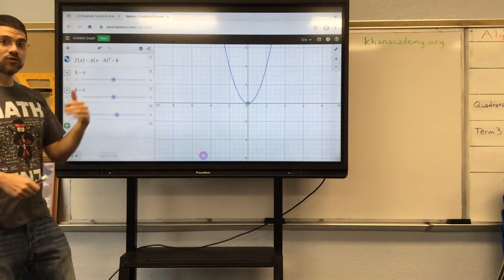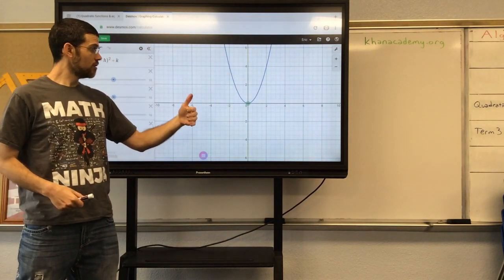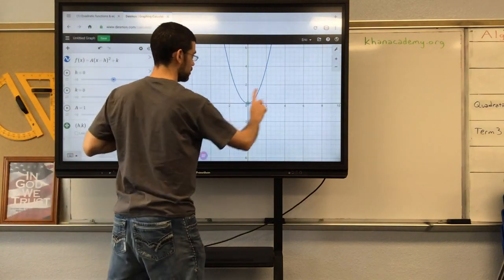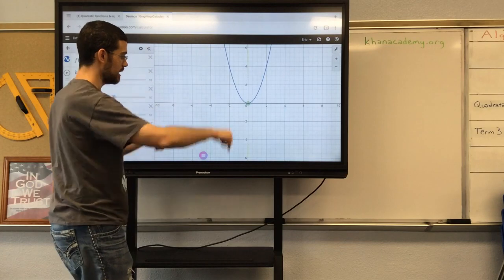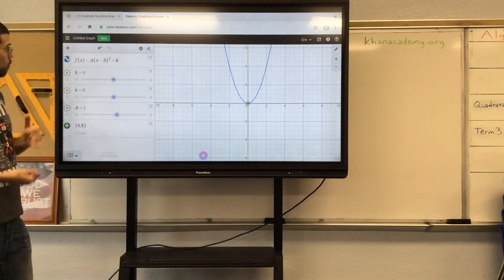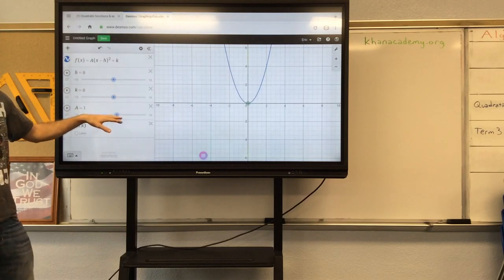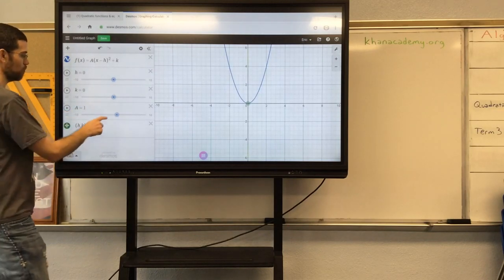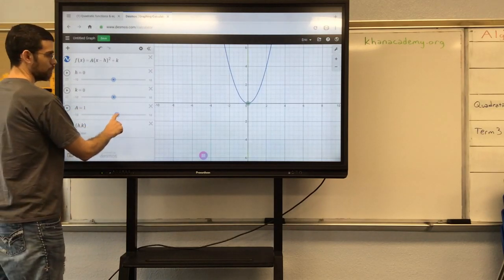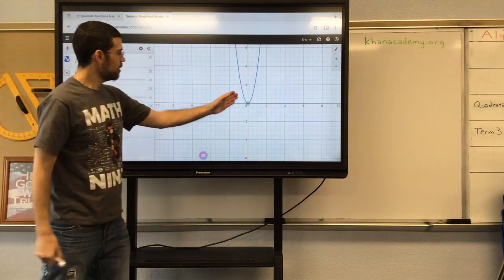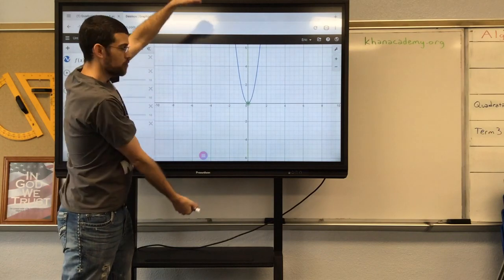We want to shift it left or right, and it was right. We wanted to shift it right by 3 units and down by 4 units. What's going to happen if we change a from being 1? If you make a increase, it's getting stretched vertically.